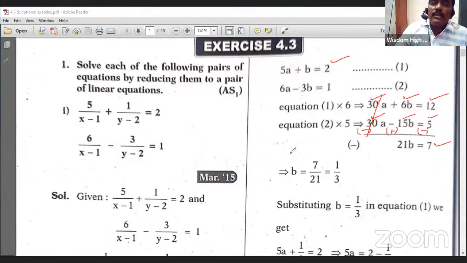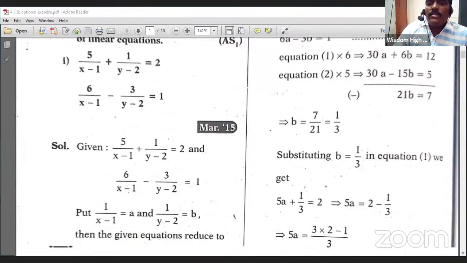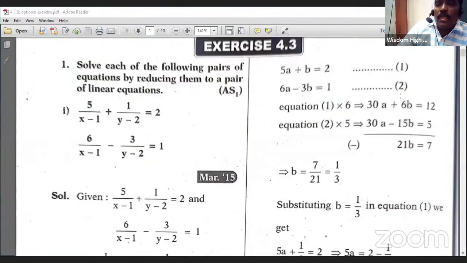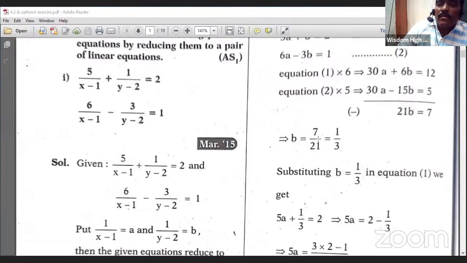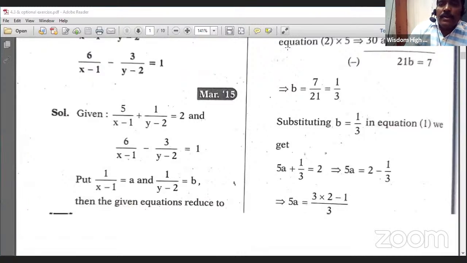After that, I told you one thing, that after getting one variable, if you want to get the next variable, this value you have to substitute in equation 1 or 2. This is equation 1, this is equation 2. Then you have to substitute b is equal to 1 by 3 in that equation. Okay, we are substituting in 5a plus b is equal to 2.